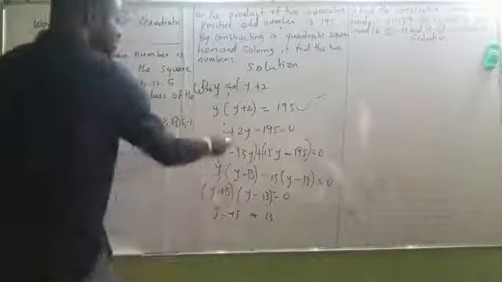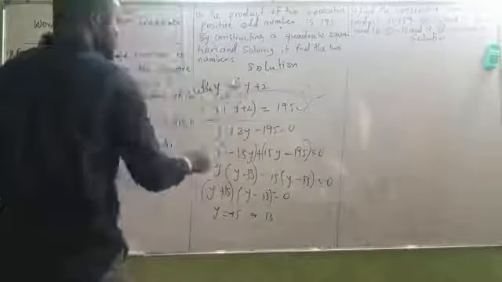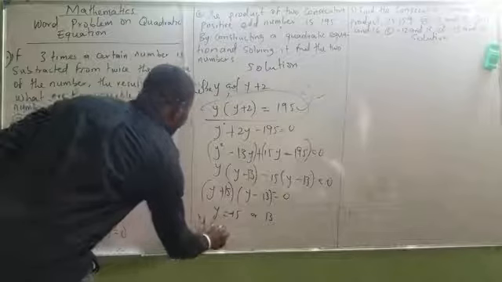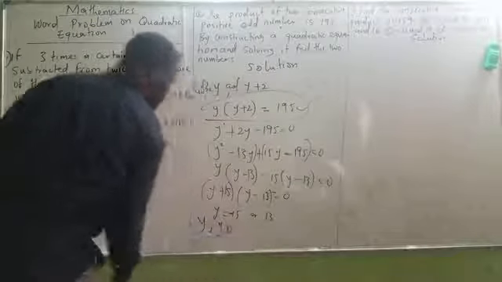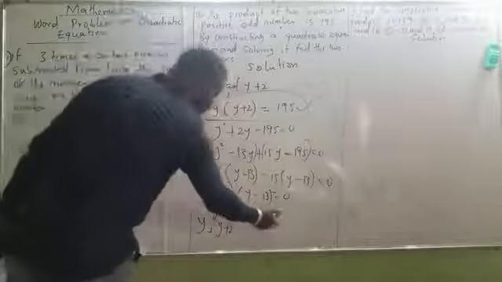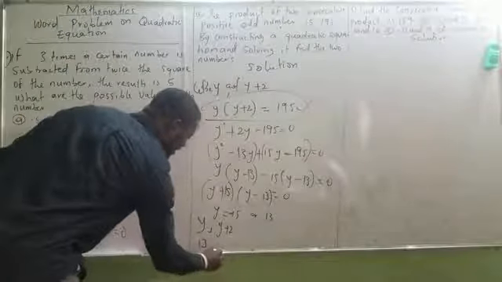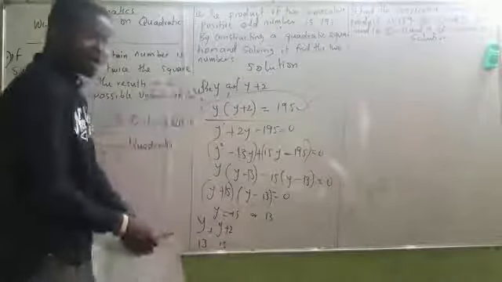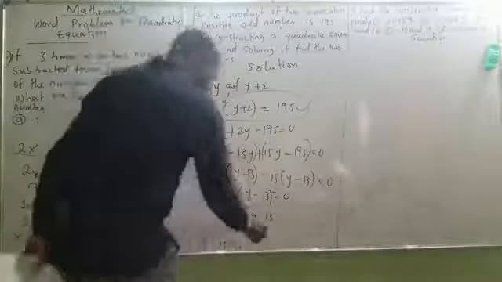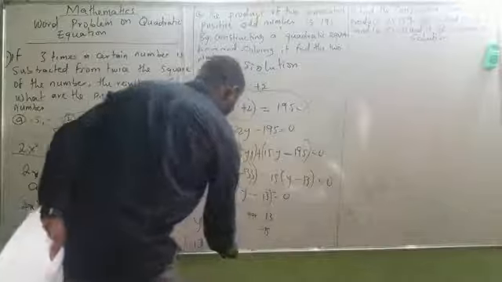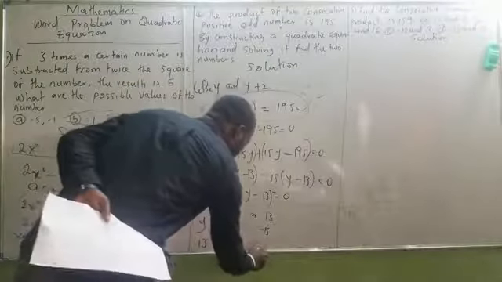Look at this. Let me try to work on this part alone. I have y, y plus 2. Now look at me. If I'm picking 13, for instance, I will have 13, I will have 15. You all know that 13 is odd, 15 is odd. Now let me pick minus 15, for instance. If I pick minus 15, I will have minus 15.